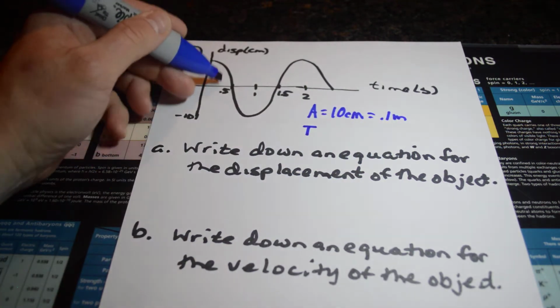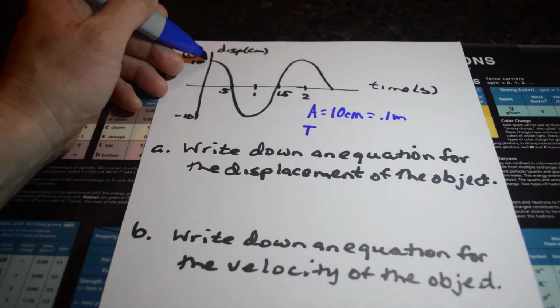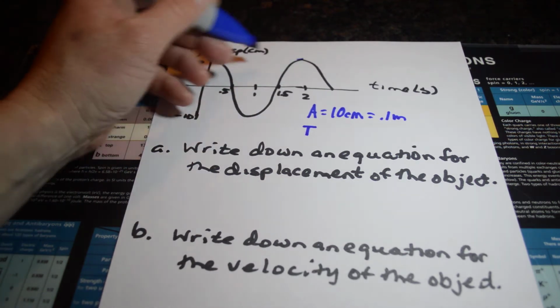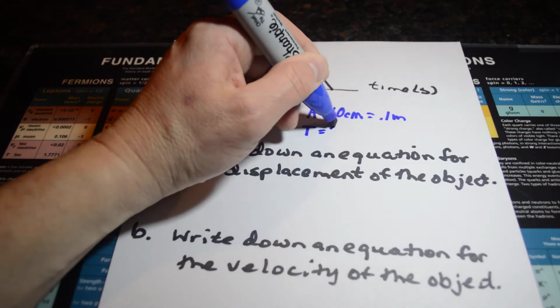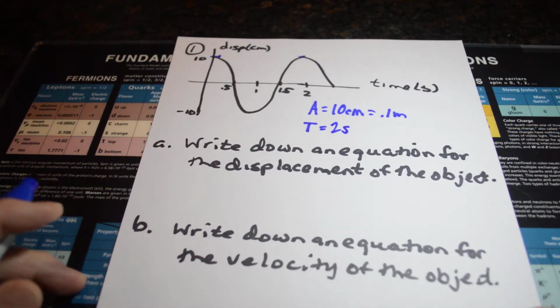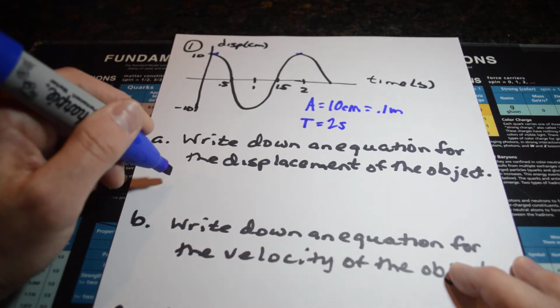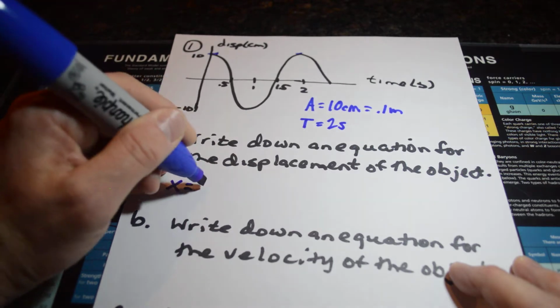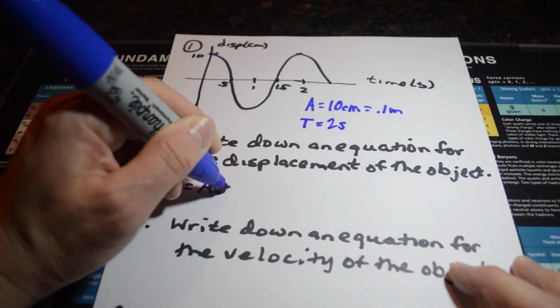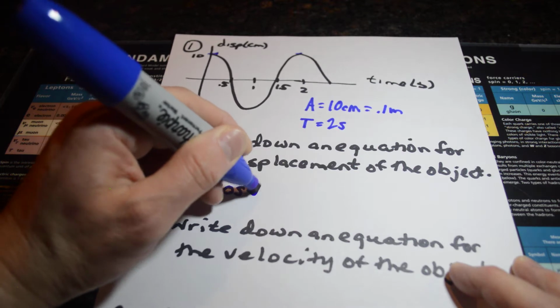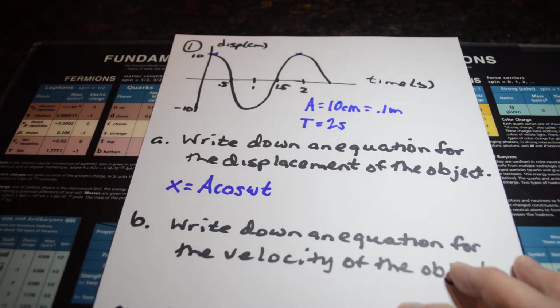Because we're graphing it as a function of time, the time it takes to go from peak to peak is the period, and that appears to take 2 seconds on the graph. So if I go back to my original simple harmonic motion equation, which would be A cosine omega t, the displacement should go by that.